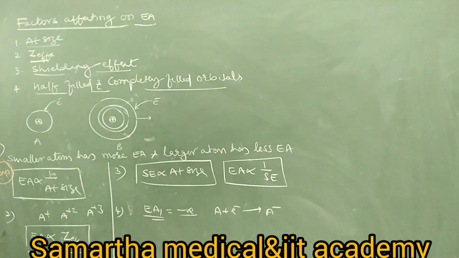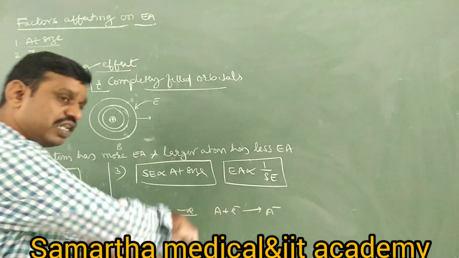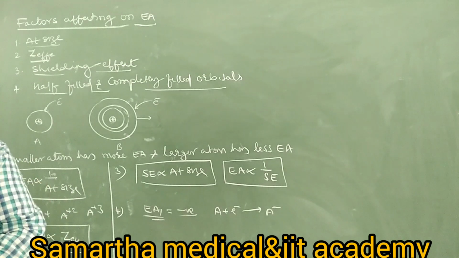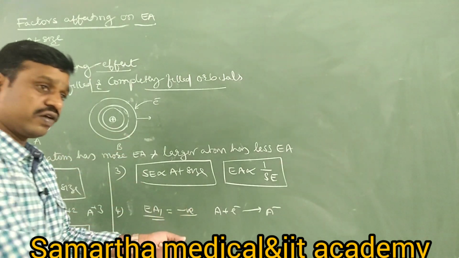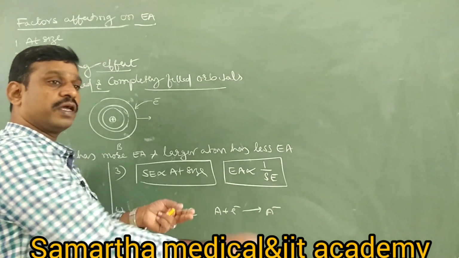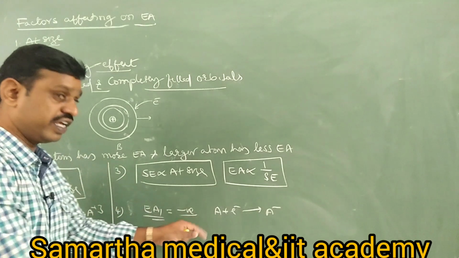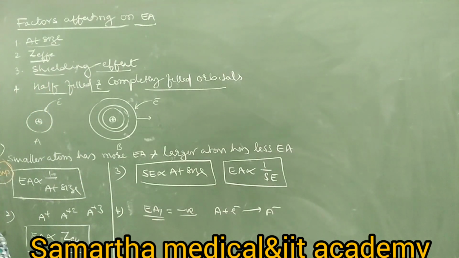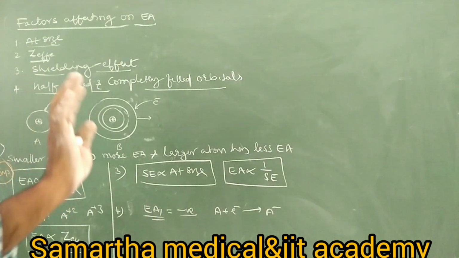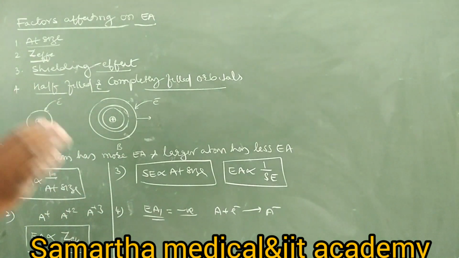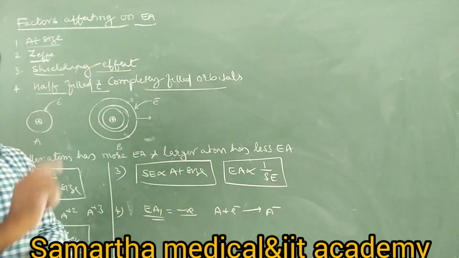If an element is stable, can we add an electron easily? No. It means that atom does not require an electron. Even though we are adding forcefully, it should be endothermic. It means the first electron affinity is endothermic for elements having stable electronic configuration like nitrogen, beryllium, magnesium, noble gases, etc.